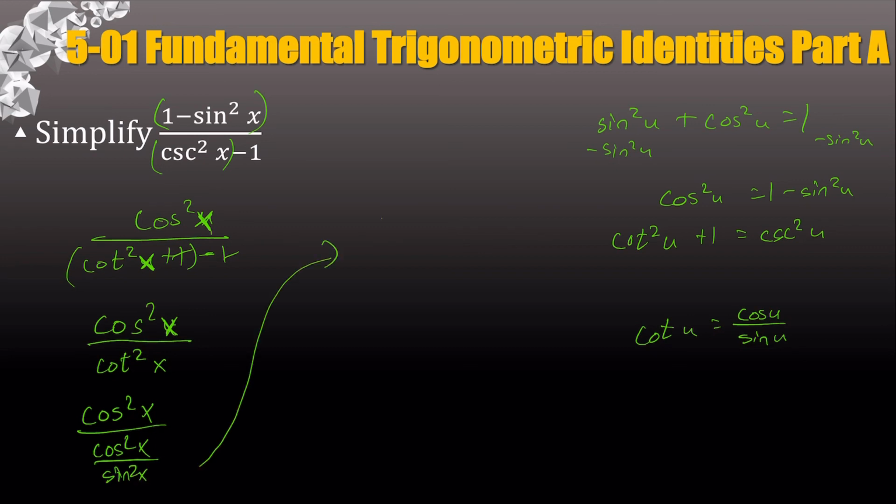But you divide fractions by multiplying by the reciprocal. So I'll have cosine squared times the reciprocal, so it'll be times sine squared over cosine squared. Cosine squareds cancel, and it looks like we have sine squared x.